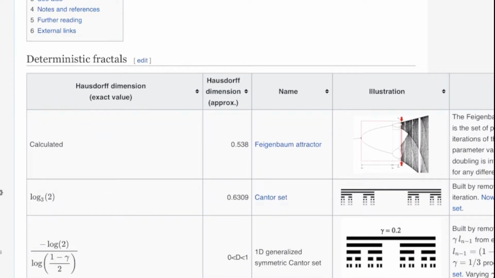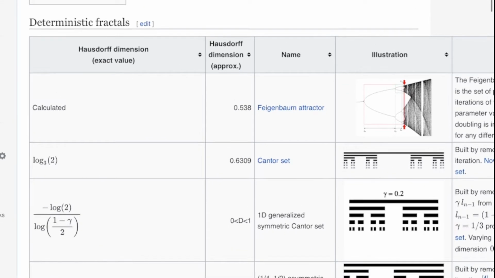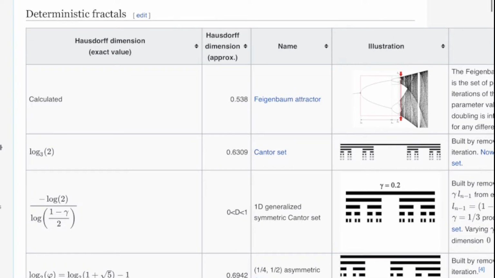And you can see, the second one in the list is the Cantor set, and there's the dimension log base 3 of 2, which is 0.63, whatever. That's the Cantor set. The next one down, they call it 1D generalized symmetric Cantor set. That's when you remove something other than the middle third.